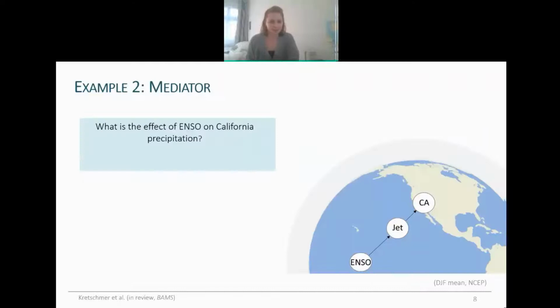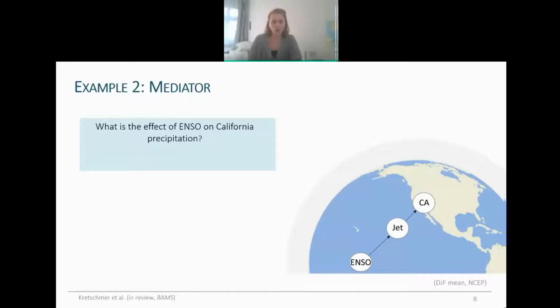To give a second example, conditioning on a mediator, another driver, can actually also be harmful. Consider this example where we are interested in the effect of ENSO on California precipitation, and the network on the right shows the underlying or assumed causal model. It's probably not too controversial that ENSO affects the position of the jet stream in the North Pacific, which in turn affects California precipitation.